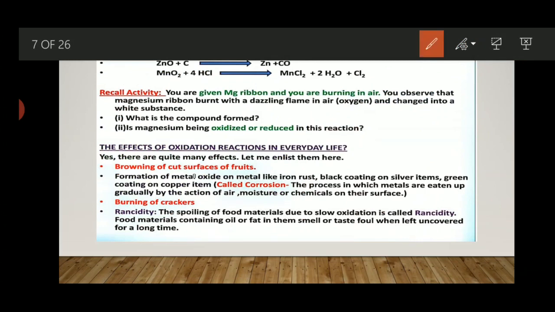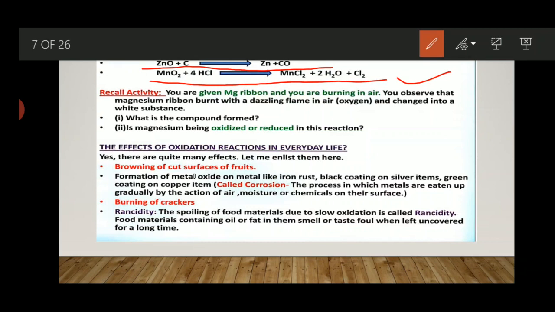Similarly, magnesium oxide reacts with hydrochloric acid and forms magnesium chloride along with water molecule and chlorine gas. So in both the reactions, oxidation and reduction take place simultaneously. So these are examples of redox reaction itself.